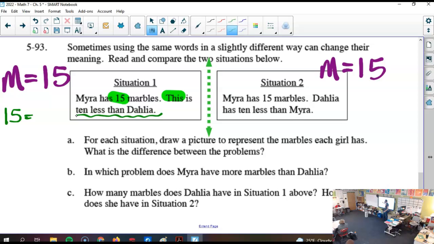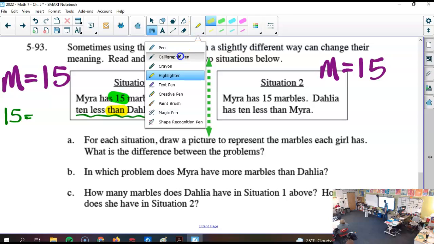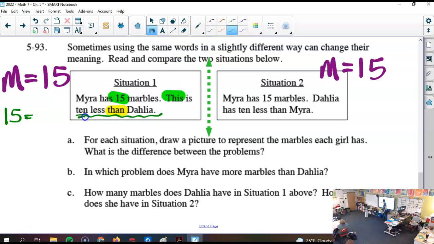Careful. 15 is 10 less than Dahlia. Guys, this word than is the most dangerous word here. It tells us that we are subtracting 10 from D, or whatever Dahlia is. So 15 is 10 less than Dahlia, so we take 10 away from Dahlia.